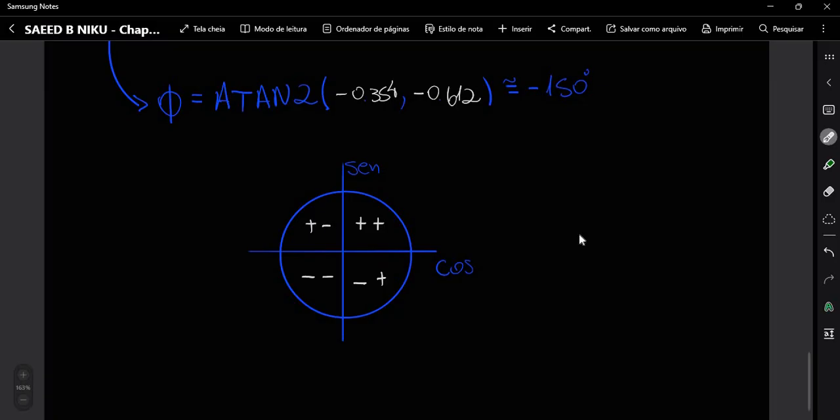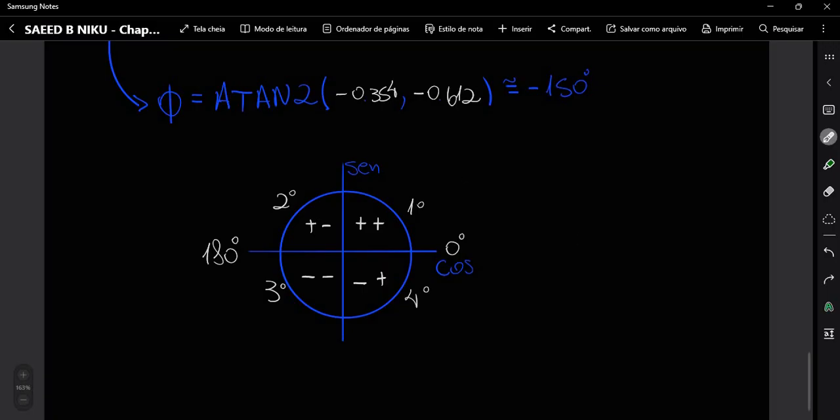I don't remember if it's the first quadrant, the second, the third and the fourth, or 1, 2, 3 and 4. I don't know. I can correct this afterwards when I get the book.